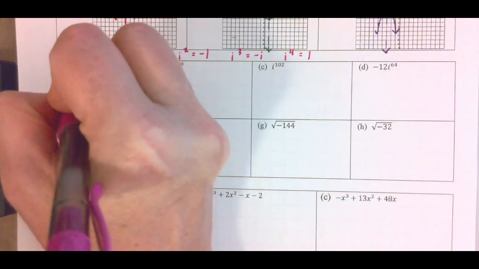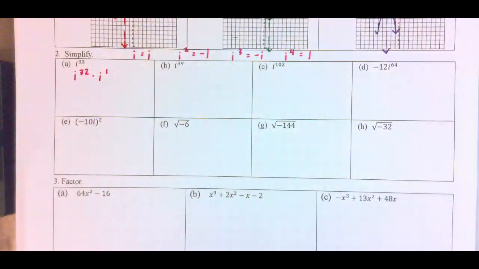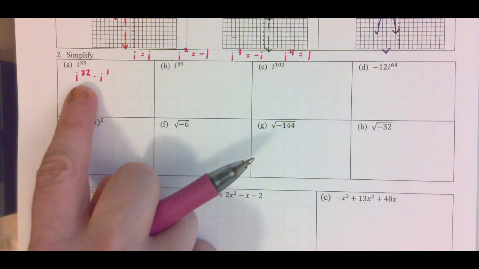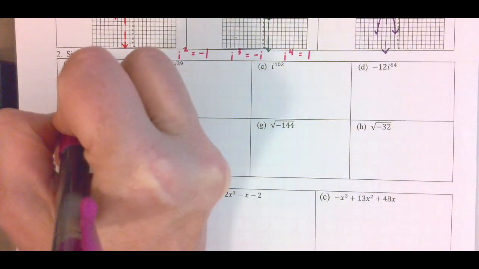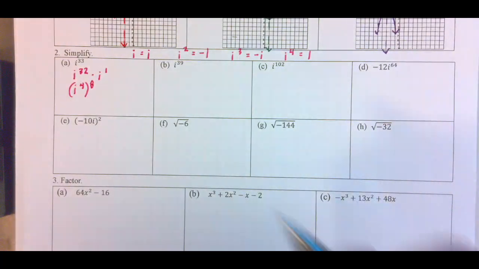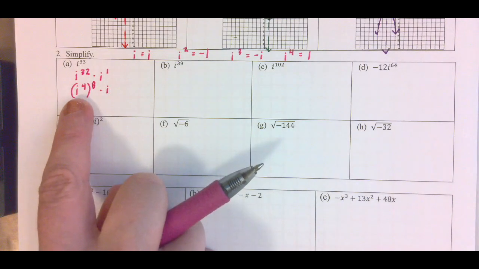So I'm going to think of this as i to the 32nd power times i to the first. Now 32 is a power of 4, right? It's 4 8 times. So I think of it as i to the fourth raised to the 8th power times i. Well, i to the fourth is 1, so it's like saying 1 to the 8th power, which is just 1.